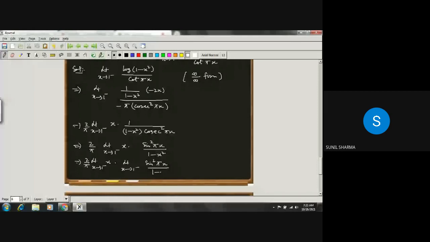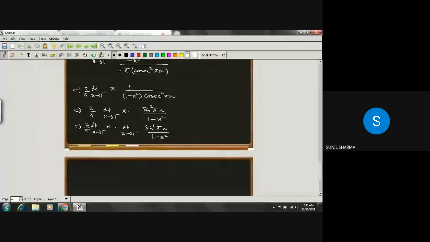Now when we apply the limit in the first function, it becomes 1, 2 by pi into 1. But in the second, when we put 1, sin pi is 0 and 1 minus 1 is 0.